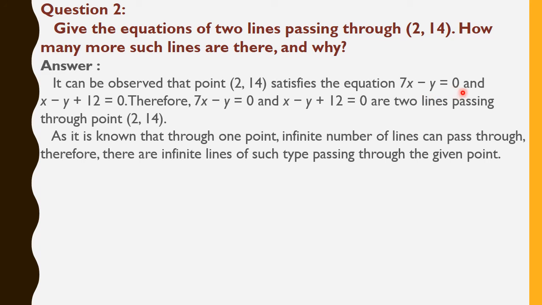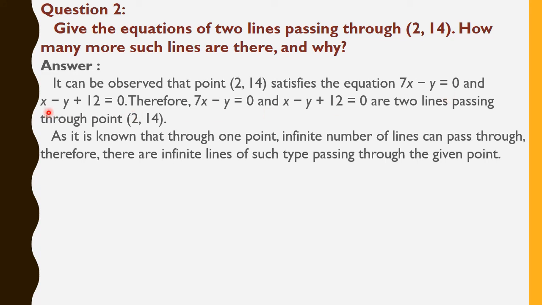We can try it out. If you put 2 in place of x, we'll get 2 into 7, 14, minus 14. So 14 minus 14 will be equal to 0. Since it is satisfying this equation, therefore we can say that this is a solution of this equation.